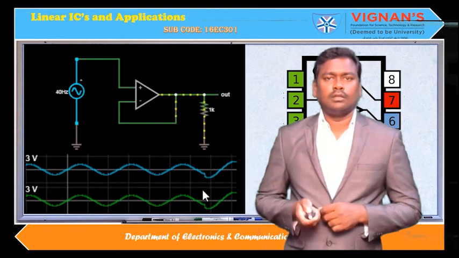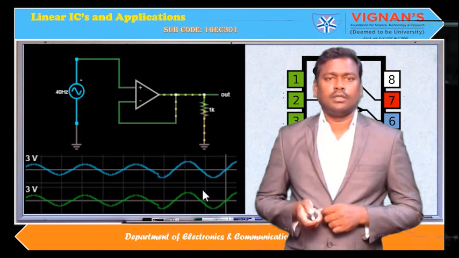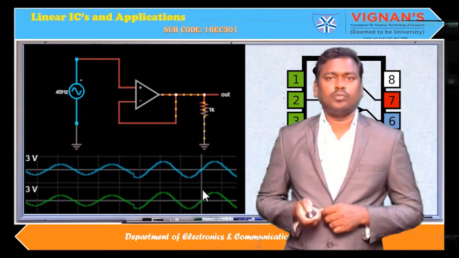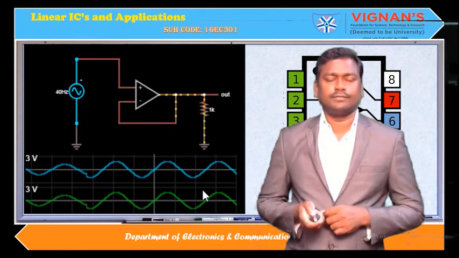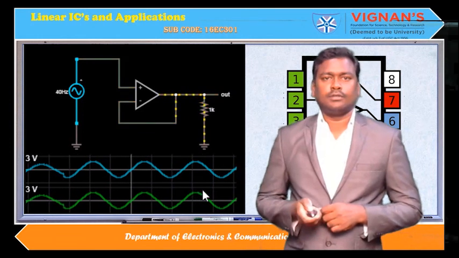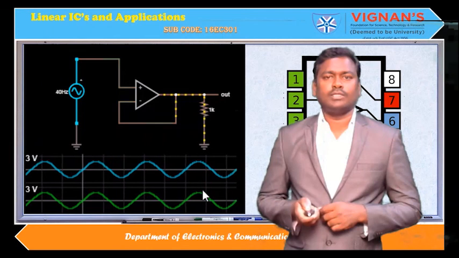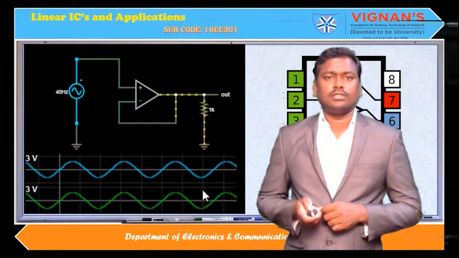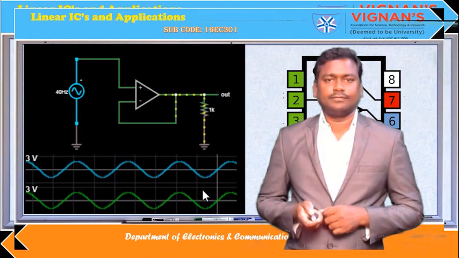Then the output amplitude is also changed to 3 volts. Therefore, in the voltage follower, the output signal follows the input in both magnitude and phase.